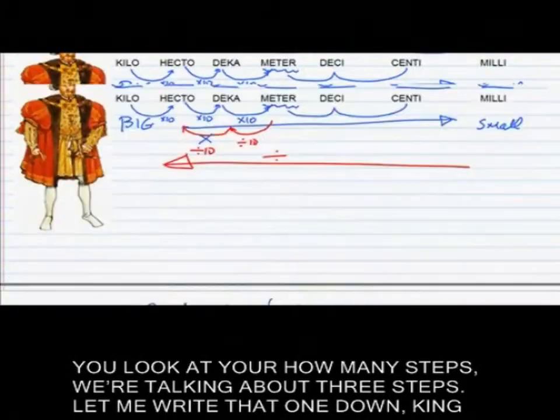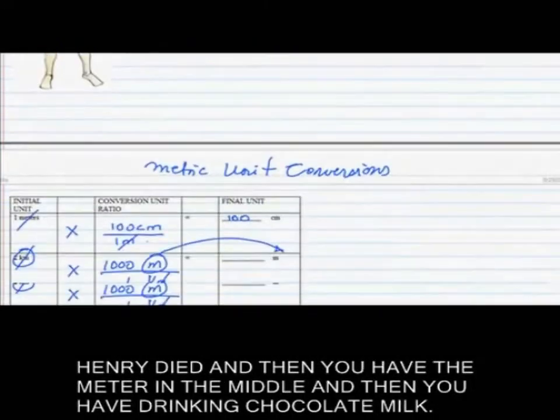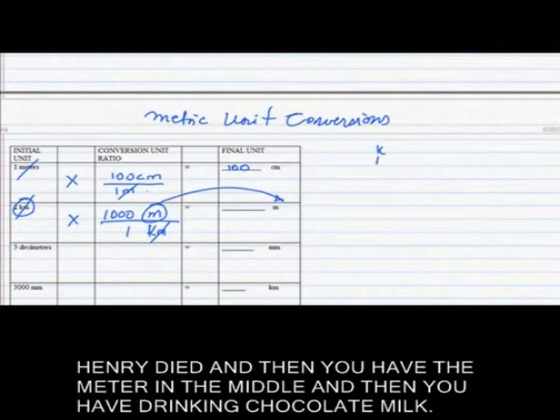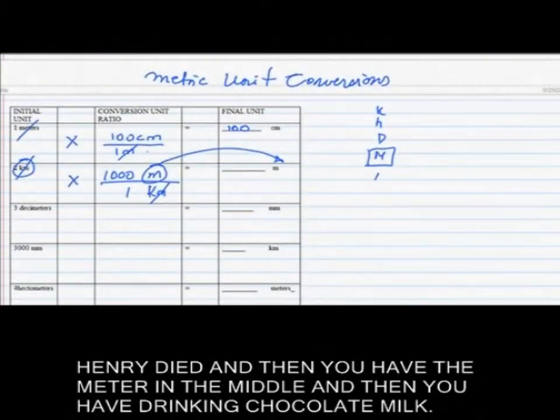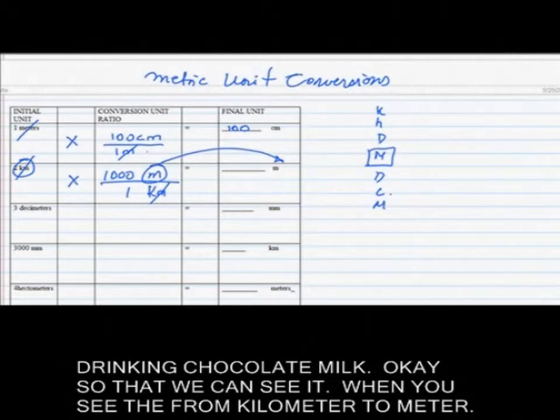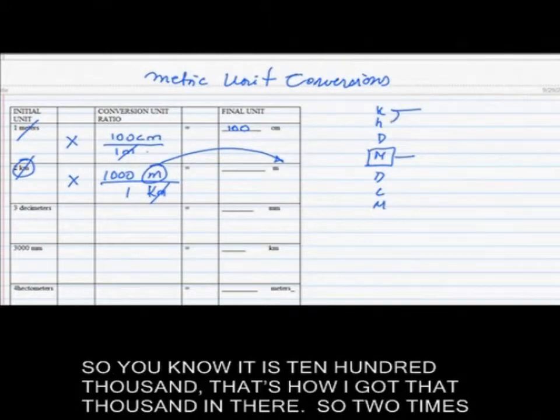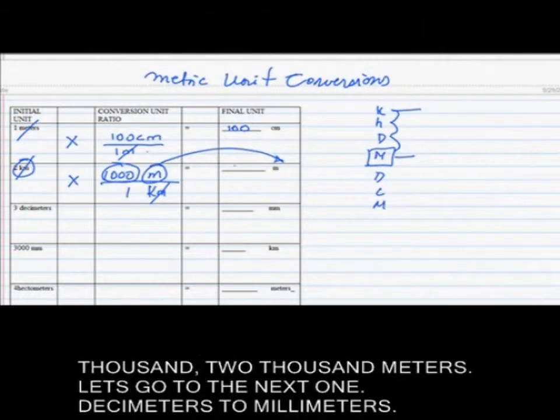Let me write that one down. King Henry died, and then you have the meter in the middle, and then you have drinking chocolate milk. So that we can see it, from kilometer to meter, you know it is 10, 100, 1,000. That's how I got that 1,000 in there. So 2 times 1,000, 2,000 meters.